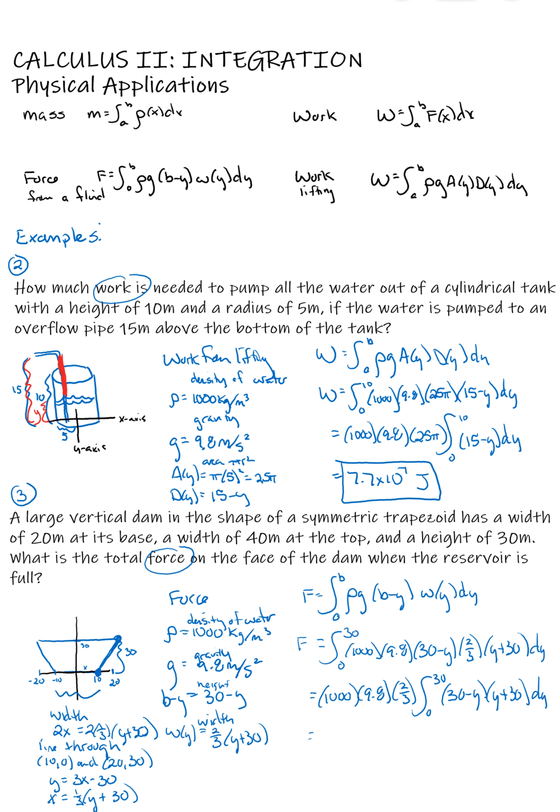Of course, we could multiply those. That means our integrand, 30 minus y times y plus 30, multiplied out, distribute, however you want to say it, we would end up with 900 minus y squared.